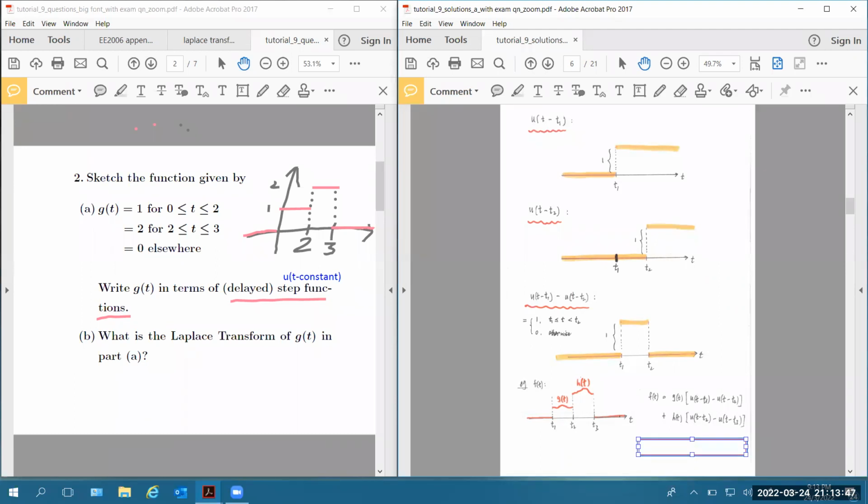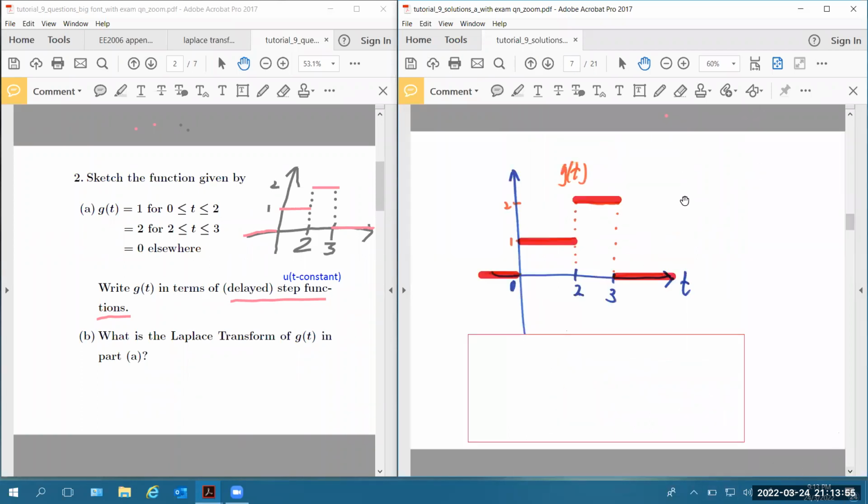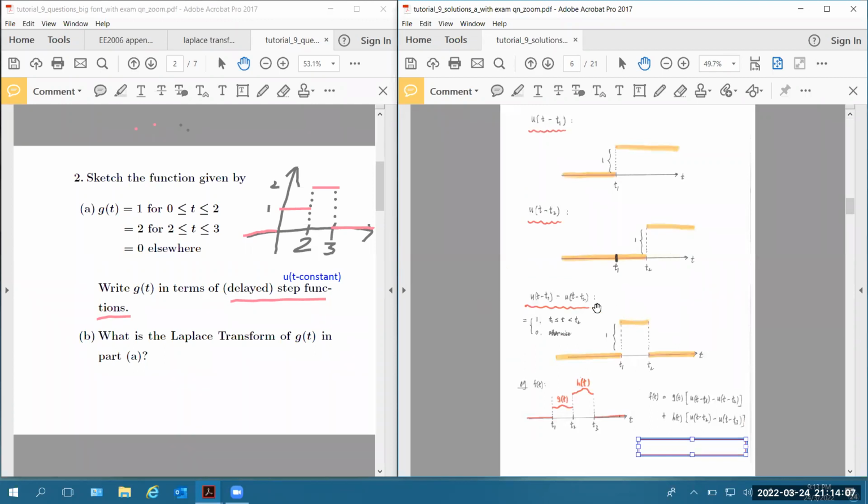Okay, how about we apply this to our function here? Our function is even simpler than this one. Let's use u(t-T1) minus u(t-T2). First, T1 is 0 and T2 is 2, and the function value is 1.